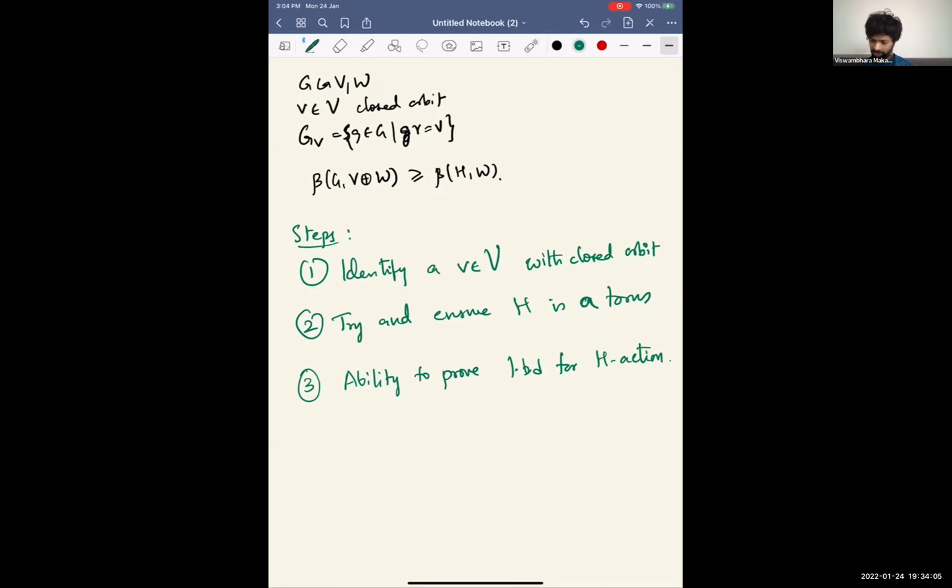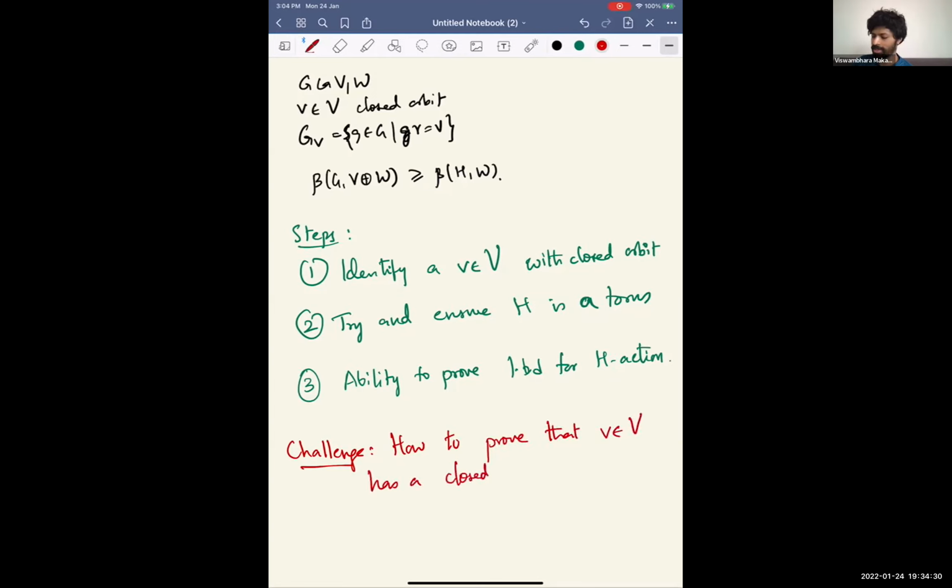But the other challenge that I want to point out is how do you identify a point with a closed orbit? You have to be able to prove that a certain point has a closed orbit, and then you have to be able to compute its stabilizer. So here's maybe a big challenge: how to prove that v in V has a closed orbit.